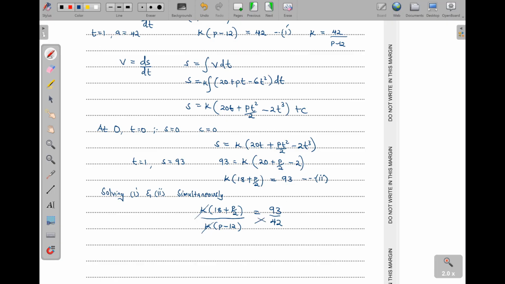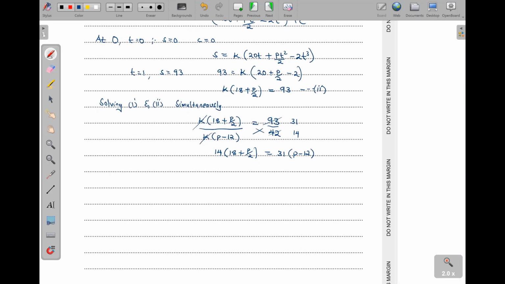But before I cross multiply, I can simplify this by 3, we get 31 over 14. When we cross multiply, we shall have 14 times (18 plus p over 2) equivalent to 31 times (p minus 12).